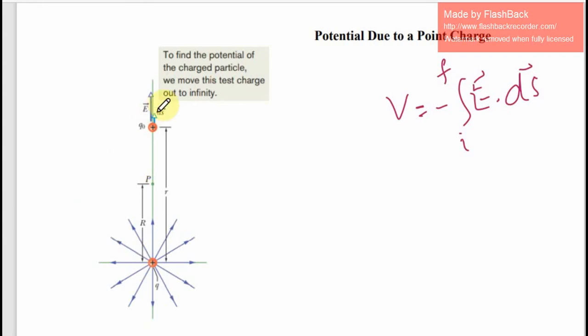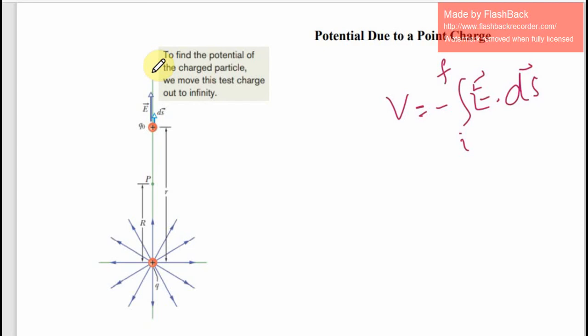Let us consider that we move a test charge Q naught from point P to infinity, meaning we have to find the electric potential at point P. We suppose that the test charge Q naught is moving from point P to infinity.